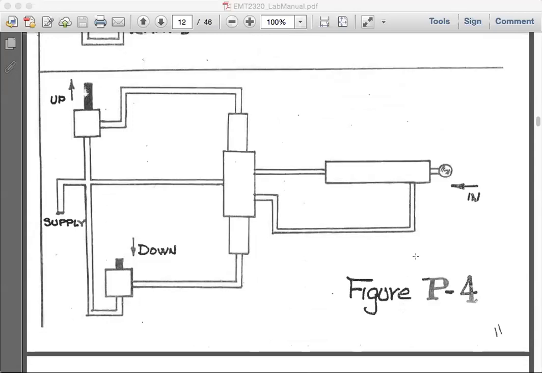Let's assume that you start with the piston being in and both stems are up. If the piston is in, it means the pressure has to come from here, okay, from the bottom. If the pressure would be coming from the left side, the piston would be out. So if in the initial stage the piston is in, then this hose is red as well because it keeps the piston in.